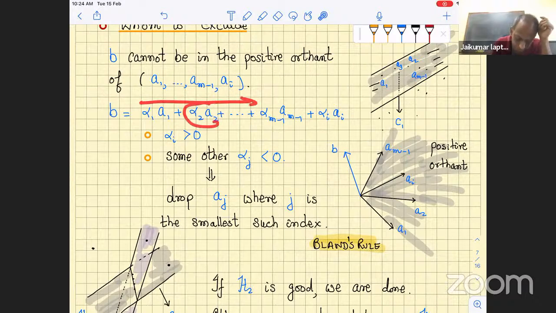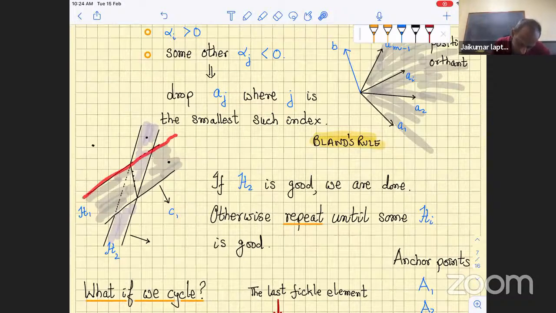Arrange these A's. So initially the A's have been arranged in some order, A_1, A_2, A_3, A_4, and so on. Among these A's, drop that one where the index j is the smallest. Okay. So you had this initial hyperplane. This was your A_i.